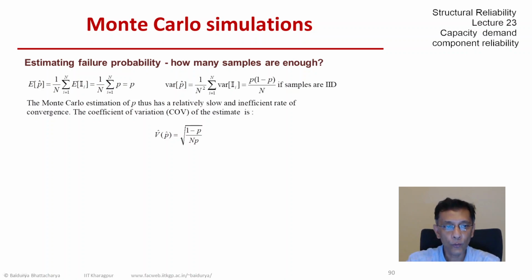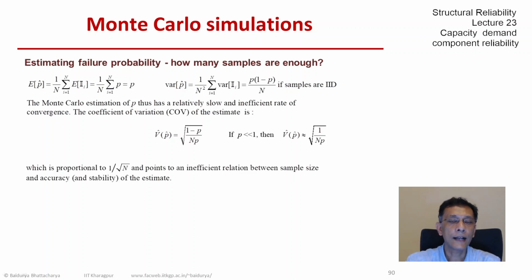Now we can invoke the general property that we are estimating failure probabilities, and these failure probabilities are typically very small numbers. So we can safely say that the coefficient of variation of the estimate p hat would be almost equal to square root of 1 over np, n being the sample size and p being the true unknown probability that we are trying to estimate.